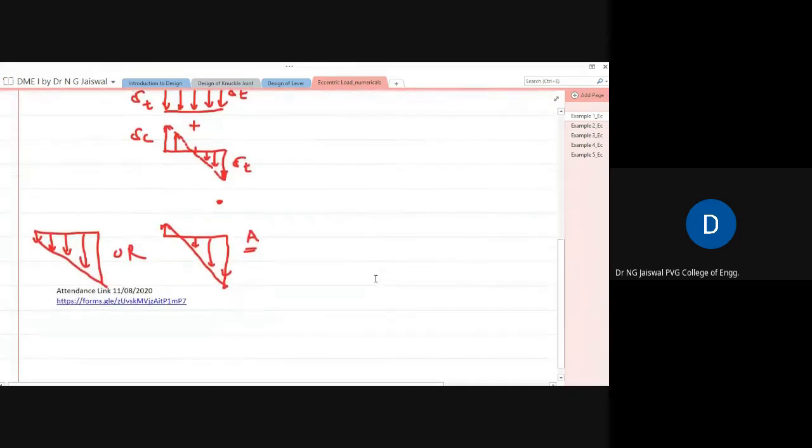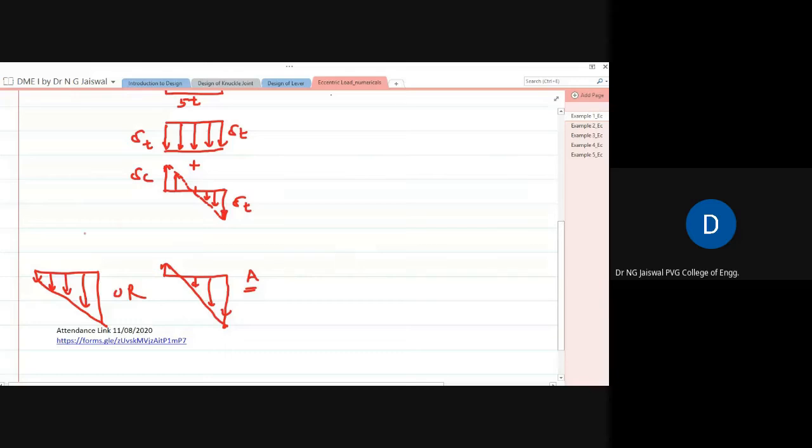And we always design a component for the maximum amount of stress, so that if we design it for the maximum stress, it will be suitable for all lower values of stresses.